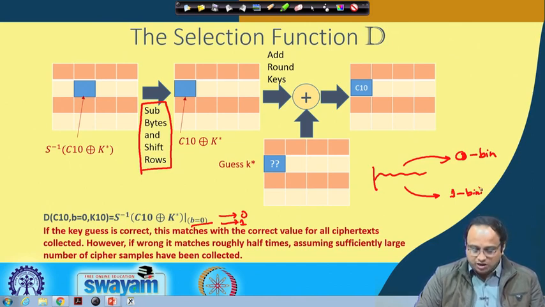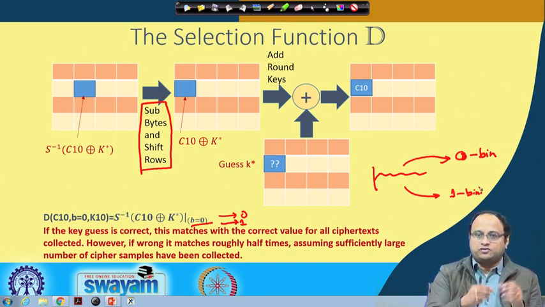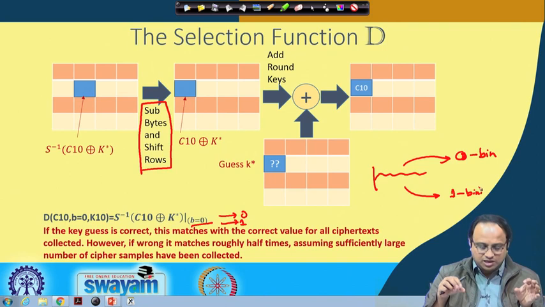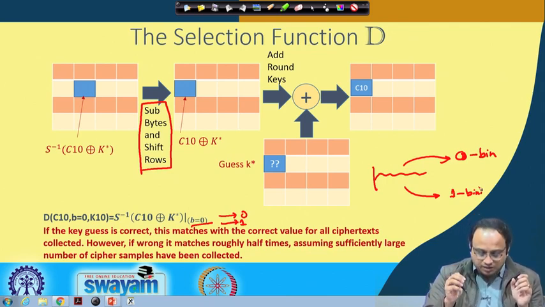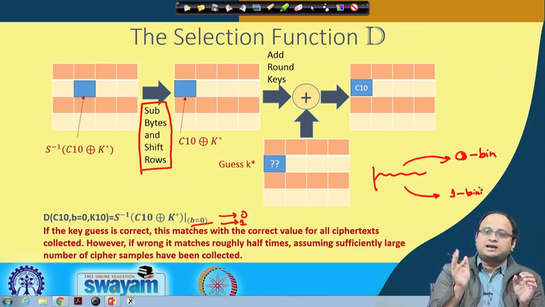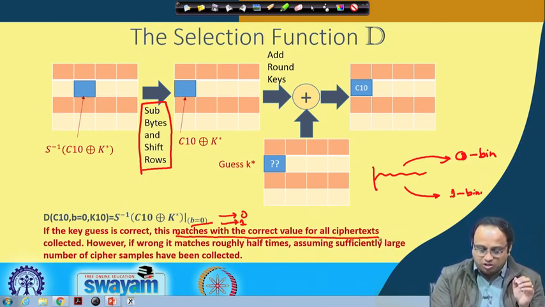Now I take the 0 bin and the 1 bin, I take the average of each of these bins, and I take the difference of these bins. If my key guess was correct, then I would expect a non-zero difference of means. Why? Because if my guess was correct, then the LSB that I calculated will match the correct value for all the ciphertexts.